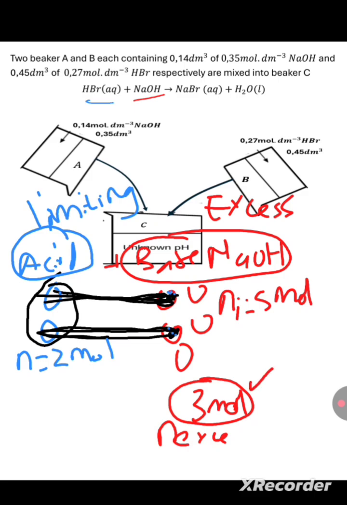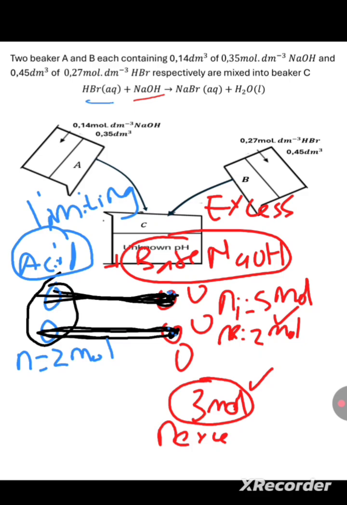Yet initially there were 5 moles. Then how many are the ones that reacted? They are actually 2 of them. 2 of them reacted.